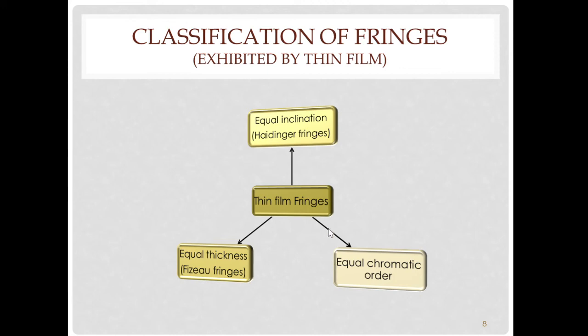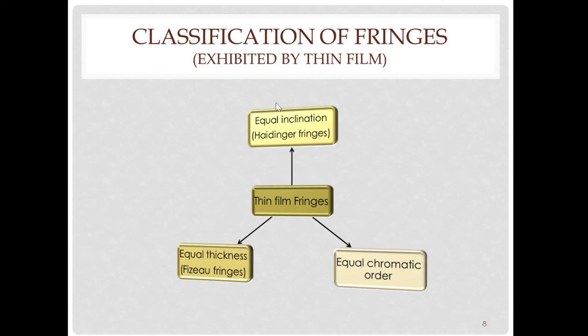The thin film fringes are classified into three types. One is the fringes of equal inclination, also called Haidinger fringes; the second is fringes of equal thickness, also called Fizeau fringes; and the third is fringes of equal chromatic order. Now let's see each one.